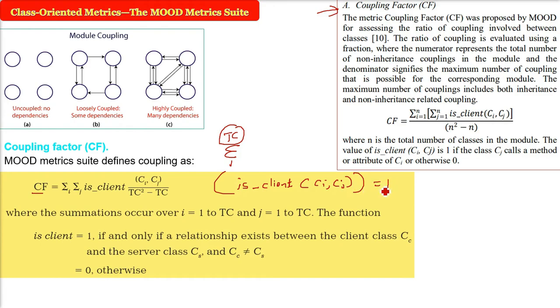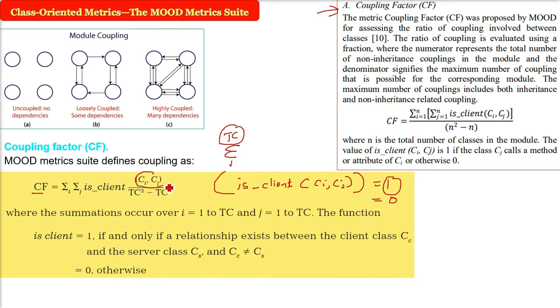It will be 1 if and only if a relationship exists between the client class and the server class, where client and server classes are not equal. If one is a client of the other, it will be 1. If it is not a client, if there is no relationship between the client class and the server class, then it will be 0. So the numerator can only be 0 or 1.